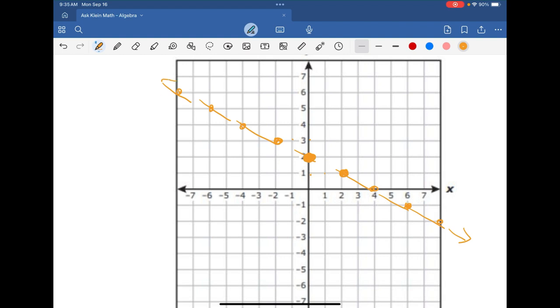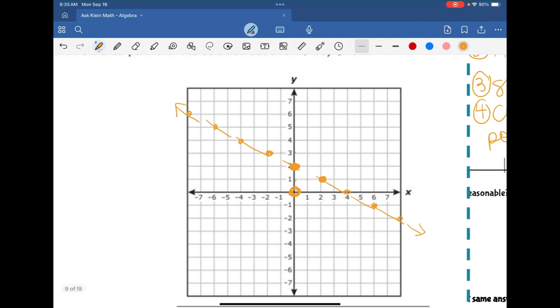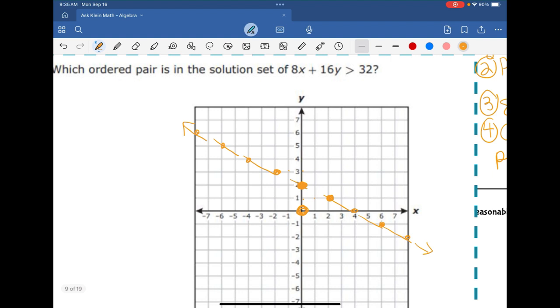All right, at this point in my plan, I decided that I was going to use some test points. The easiest point for me to use is 0, 0. I'm going to check to see if that is in the shaded region. There are a couple of different ways to do this. Since my inequality is right here, I'm going to plug in 0 for x and 0 for y, and see if it's greater than 32.